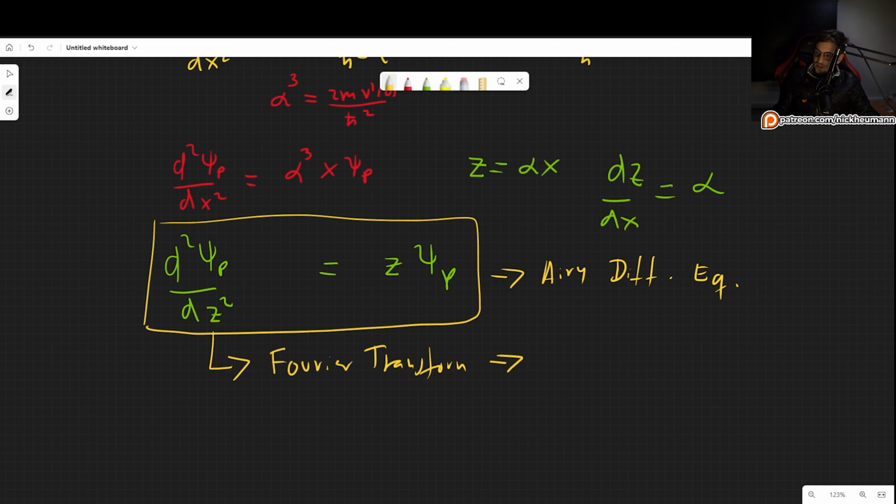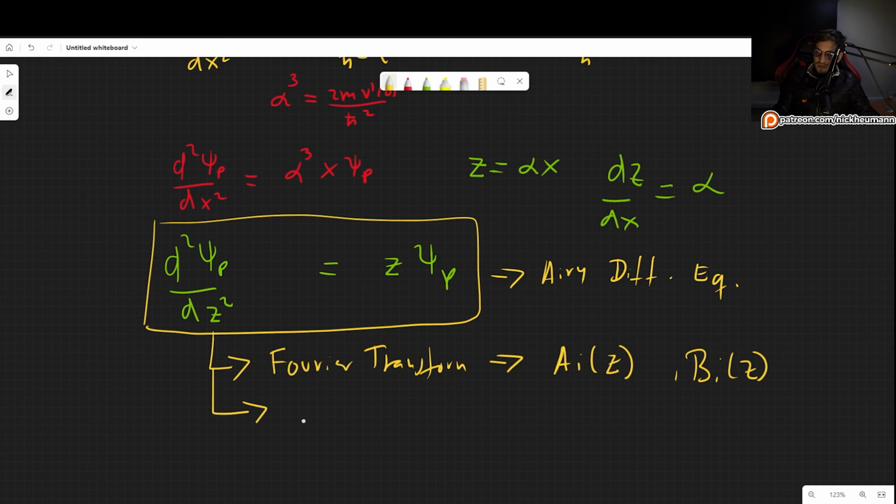It will give us one solution, which we will call Ai. These are the Airy functions of the first kind. And the reason why it doesn't yield a second one like this is because the second solution, the Bi's, don't go to 0 as z goes to infinity, which is a requirement for the Fourier transform.